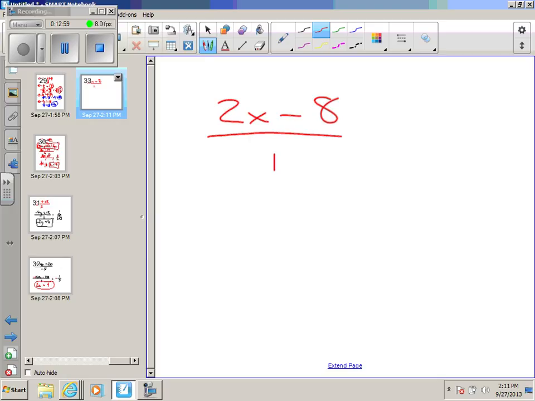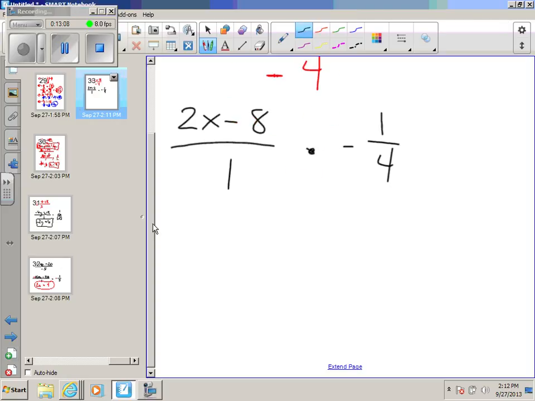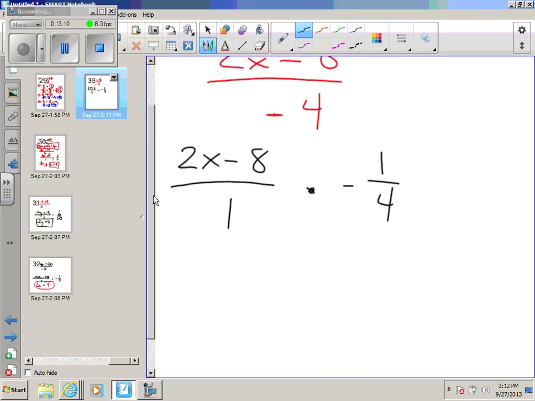2x minus 8, and this is a negative 4. Be careful. Now, after this has been rewritten, 2x divided by a negative 4 is what?